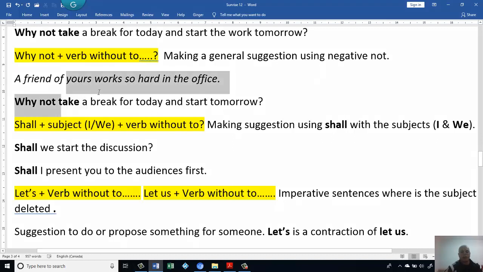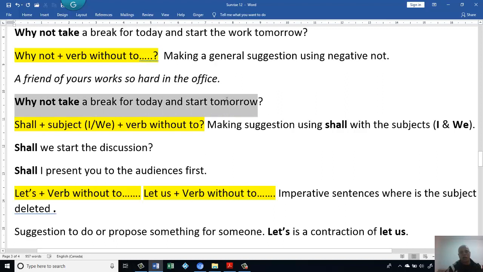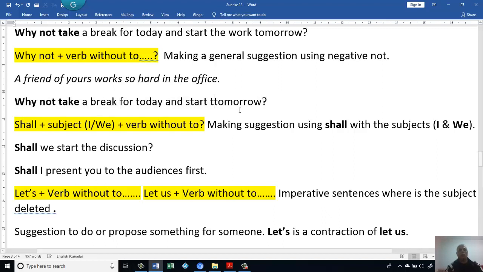Why not take a break for today and start the work tomorrow?